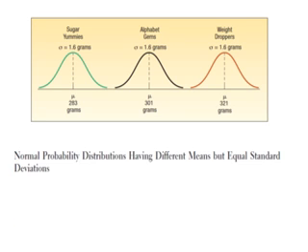Another part is normal distributions having different means but equal standard deviation. Now we have different means: mu equal to 283, mu equal to 301, and mu equal to 321.